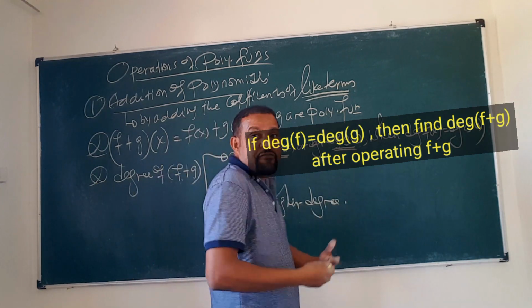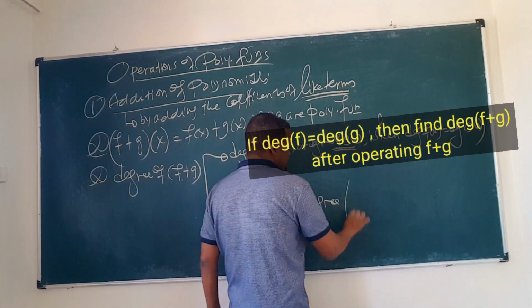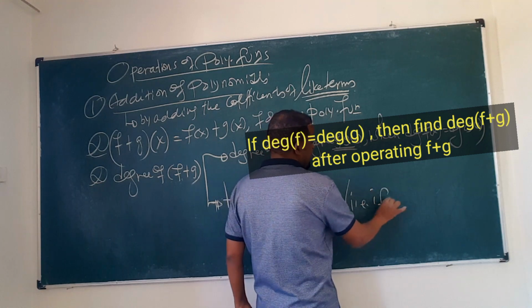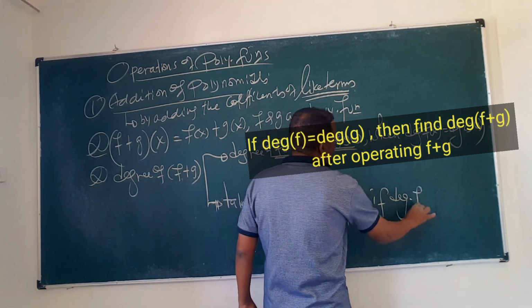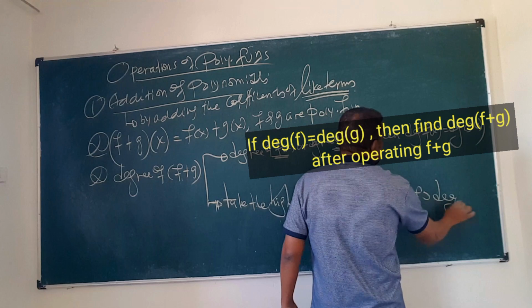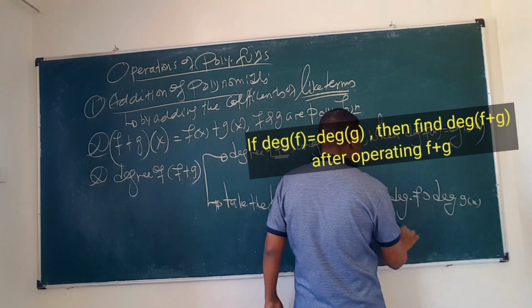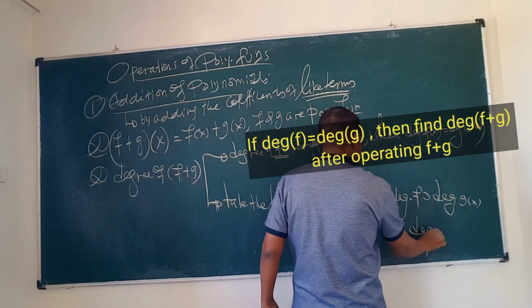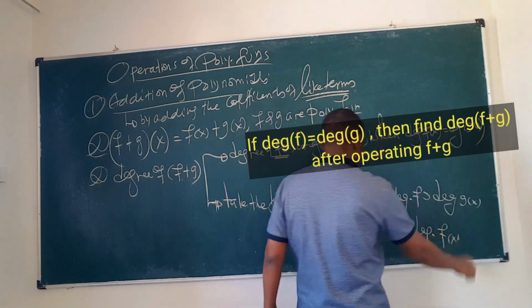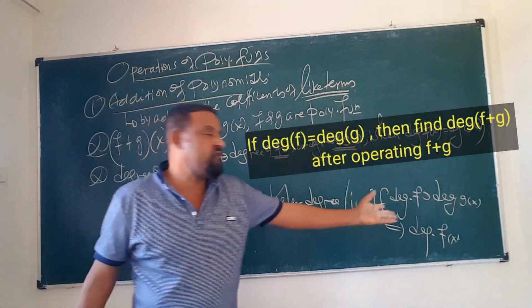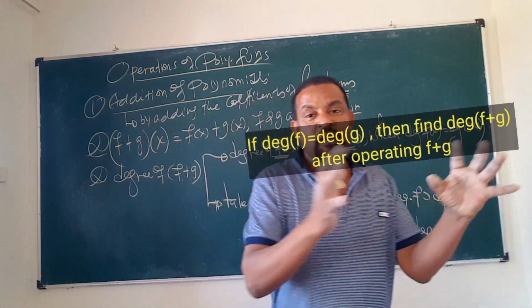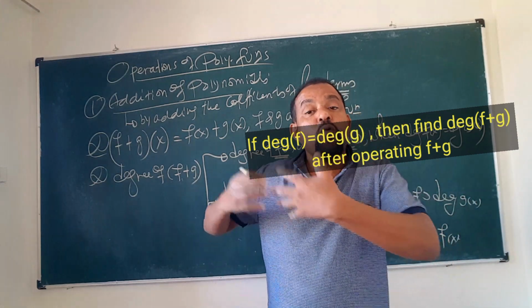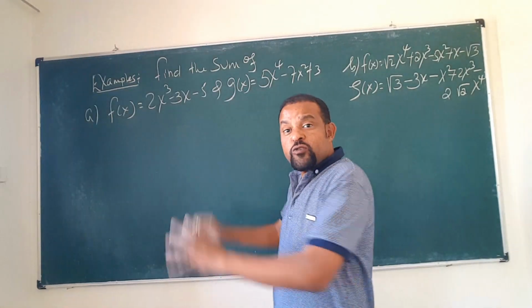That means if the degree of f is greater than the degree of g, then automatically the degree will be the degree of f of x. Otherwise, take the degree of g of x. If the degrees are not equal, we take the larger degree.